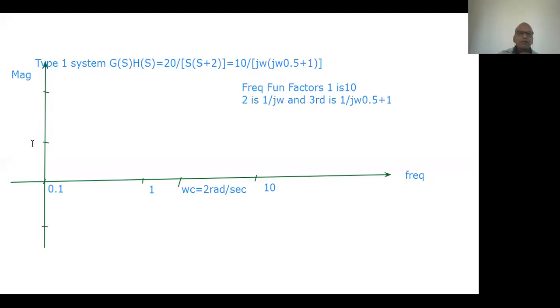Again here is plus 20 dB, then here 40 dB, then here minus 20 dB.